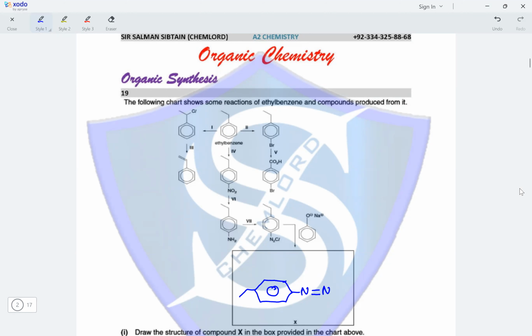And this end of the molecule is bonded to the fourth position relative to the O minus Na plus. So when Cl exits the N2Cl group, Na will exit and will be replaced by hydrogen. So this becomes OH. And this is the azo dye that is formed, which is represented by X.